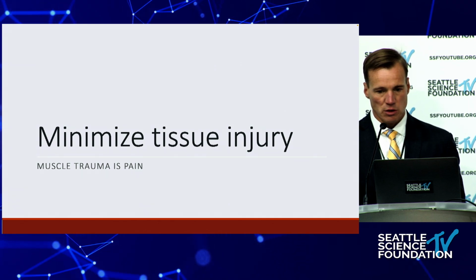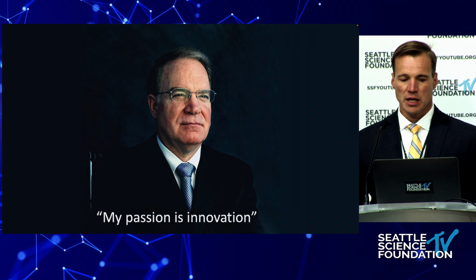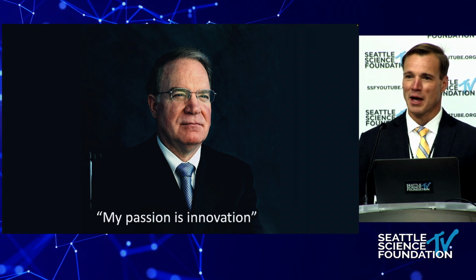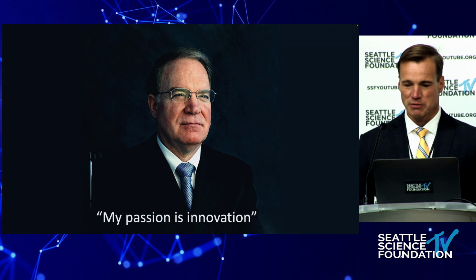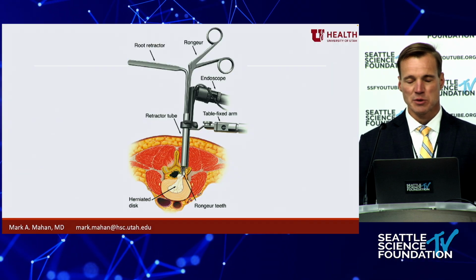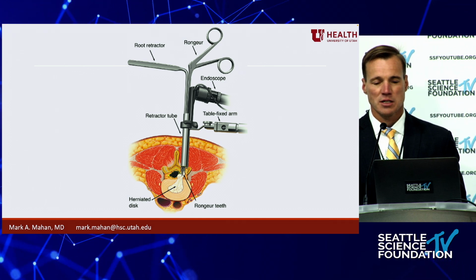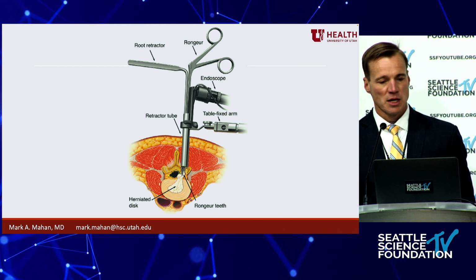I had the delight of about 2 years ago debating Kevin Foley at the AANS with regard to what was better, tubular or endoscopic spine surgery. And you have to give Dr. Foley credit. He was the inventor of one of the first endoscopic spine systems. 1997, he came out with the MED, the microendoscopic discectomy system.